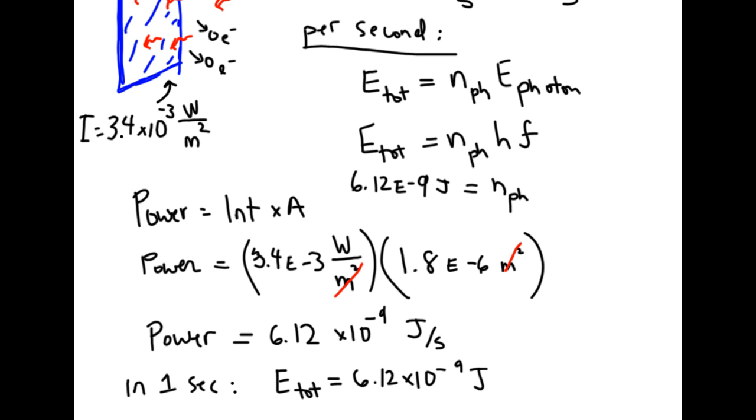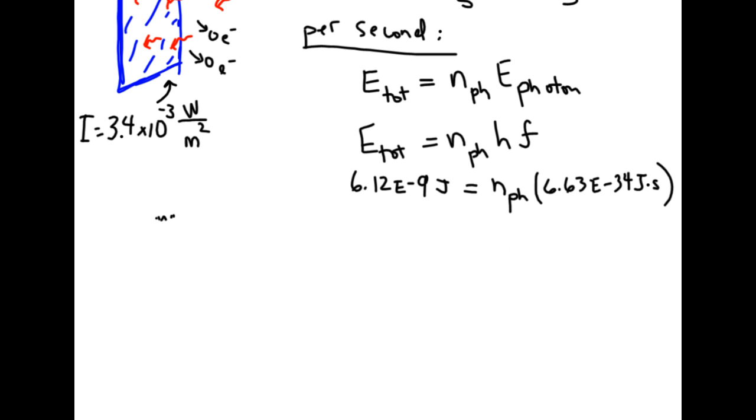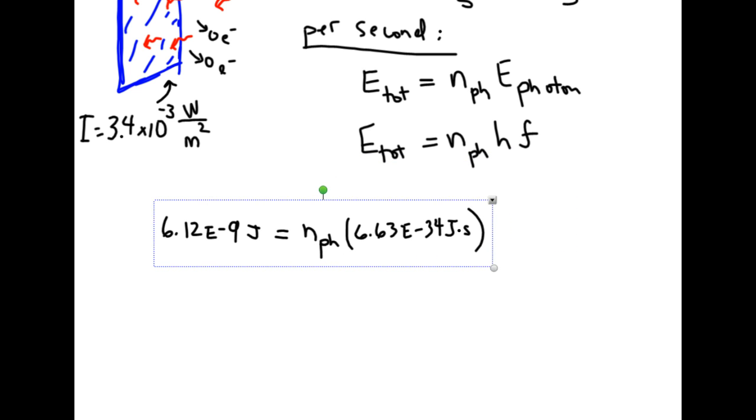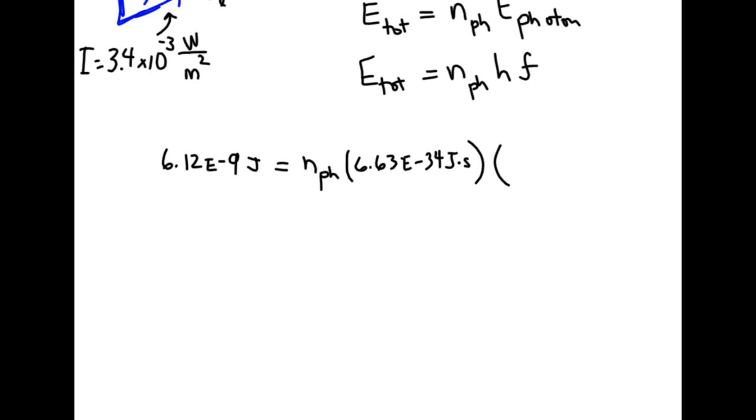Now h is Planck's constant. And I'm out of room, so I'm going to erase some of this other stuff I've already done. But not forever, you just have to scroll back in time on the video to find it. And I need to multiply by one final thing, the frequency, which was 9.5 times 10 to the 14.